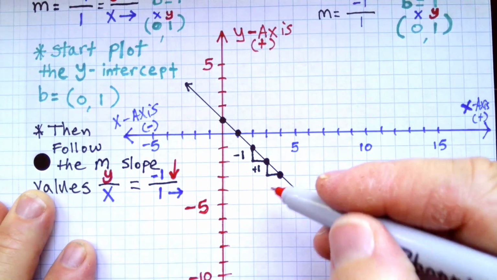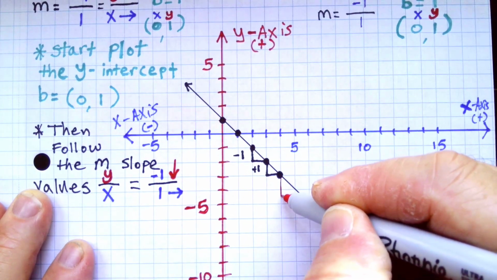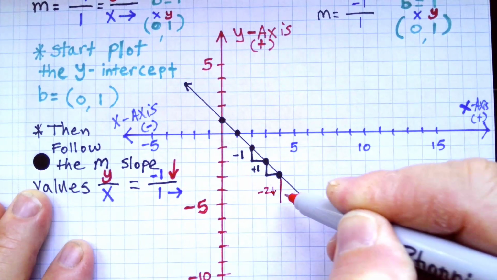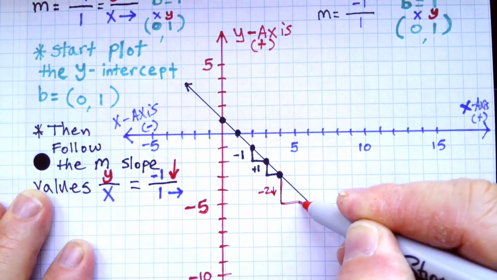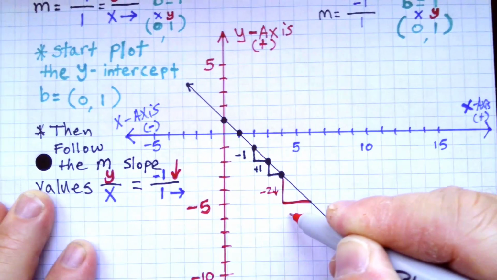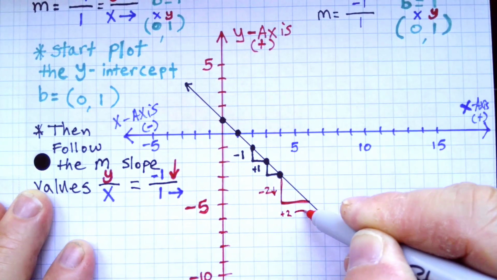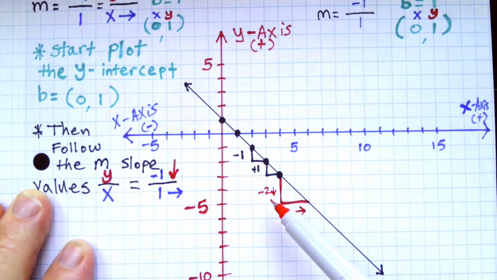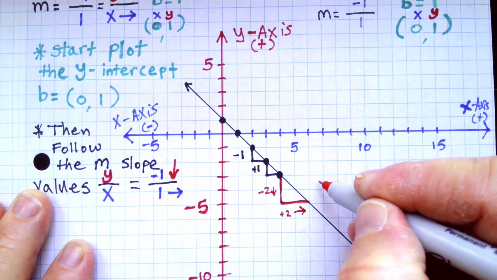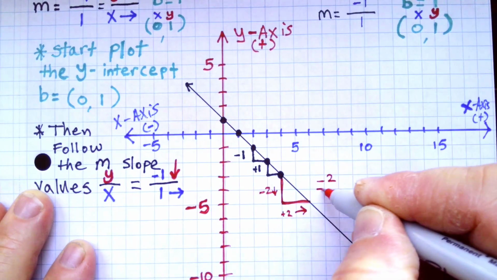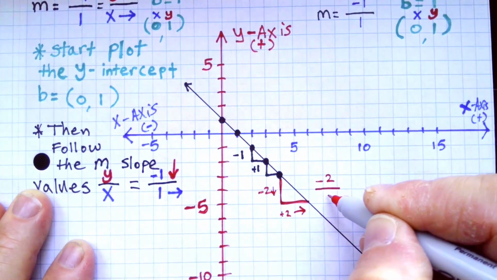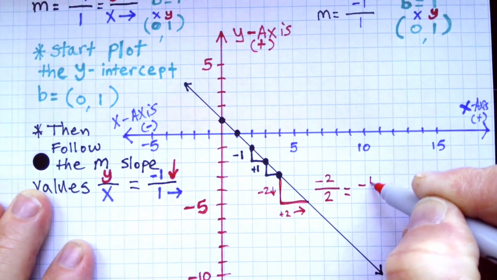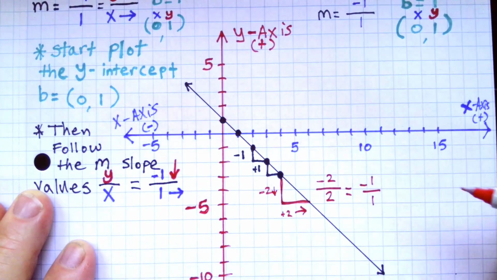If I went down from this plot point, I went down 2, so -2 downwards, and then I went 2 positive in the right direction. Let me ask you something: what's -2 for y over +2 for x? Doesn't that reduce down to -1 over 1?